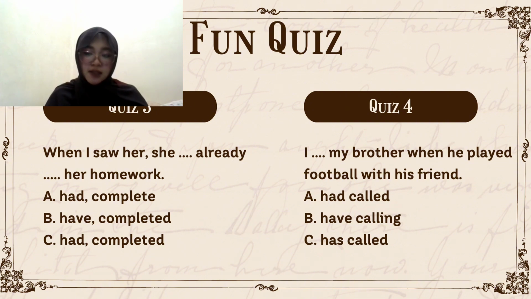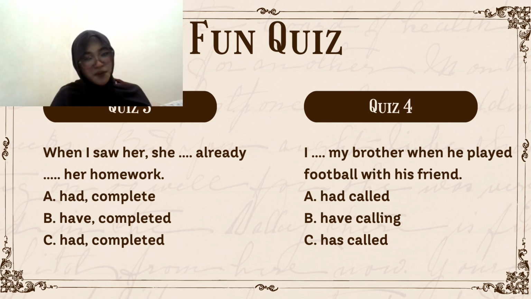So the full sentence is, when I saw her, she had already completed her homework. And quiz number 4. Okay, quiz number 4 is, I blank my brother when he played football. So the correct answer is had called.